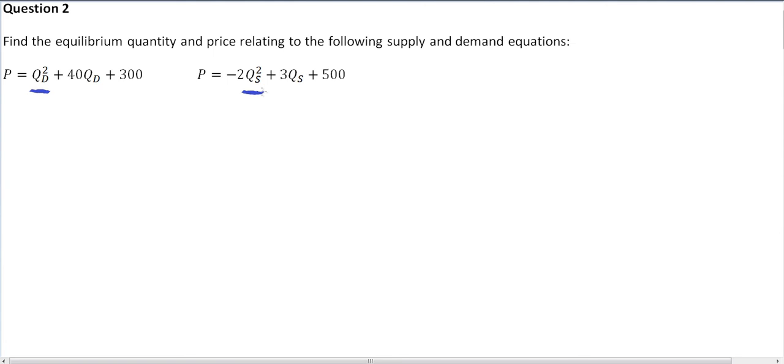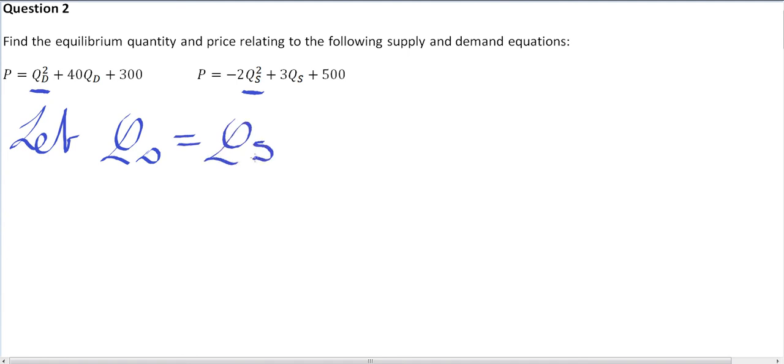Now I'm still going to use the same approach. I'm going to say let qd equal qs and just call them all the one letter q. But I'm going to use the full meaning of equilibrium. Equilibrium means let everything equal each other. So not only let the q's equal each other, but let the p's equal each other. Now it mightn't make a lot of sense when I say it first.